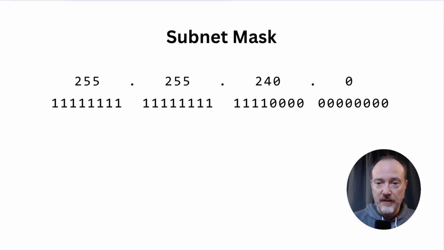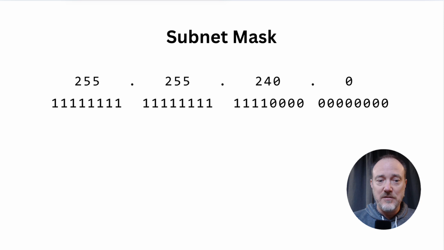That 3rd octet has 4 ones, 4 zeros, and the 4th octet is all zeros. So if we were to count up all the ones, we have 8 in the 1st octet, 8 in the 2nd octet, 4 in the 3rd octet. So 8 plus 8 plus 4 gives us 20. So we have 20 bits that are ones, 12 bits that are 0 because we have 32 bits.